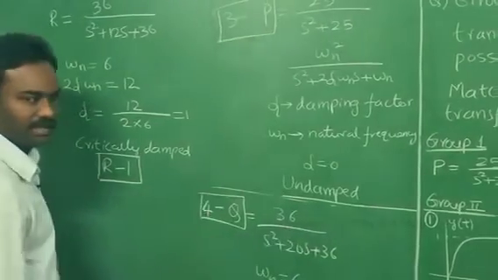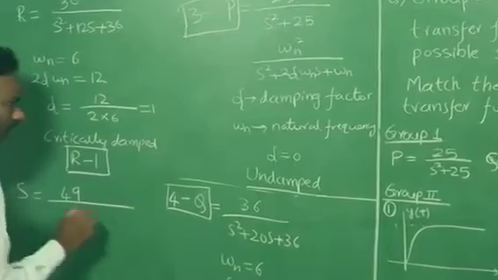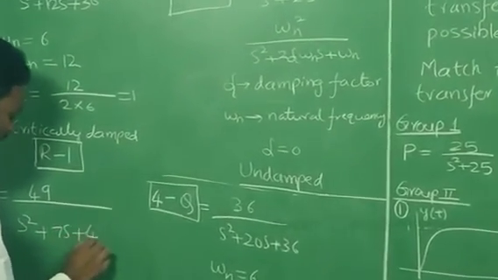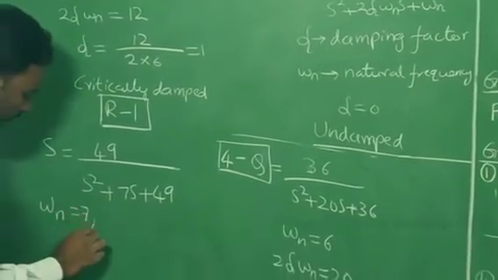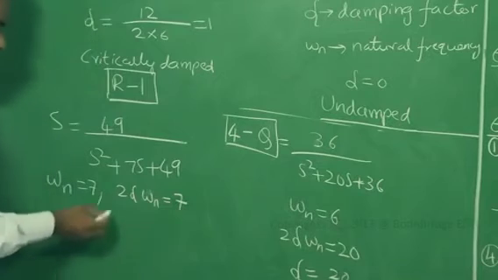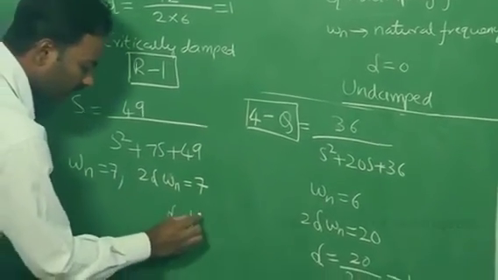The next transfer function is S, that is 49 divided by s square plus 7s plus 49. Here omega n is 7 and 2 zeta omega n is 7. From this we can infer zeta is 1 by 2.